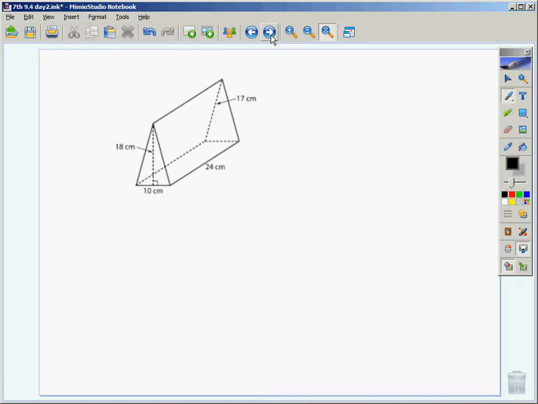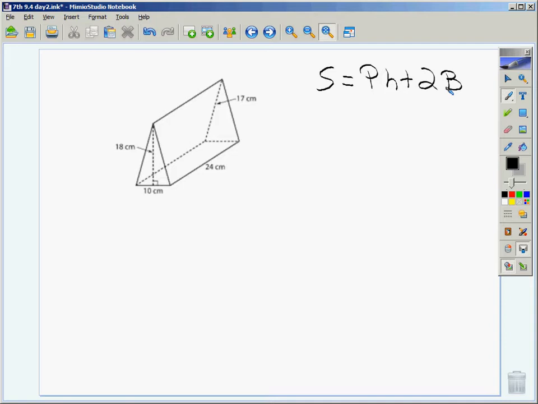And I want to talk about the concept of height, because the concept of height is confusing to some people. John, how tall are you? Okay, if you're standing up, you're 5'11". If you're laying down, you're how tall? 5'11".